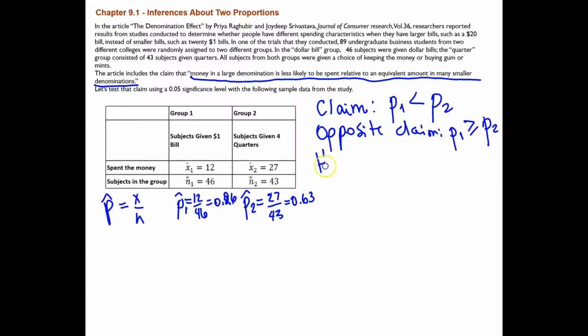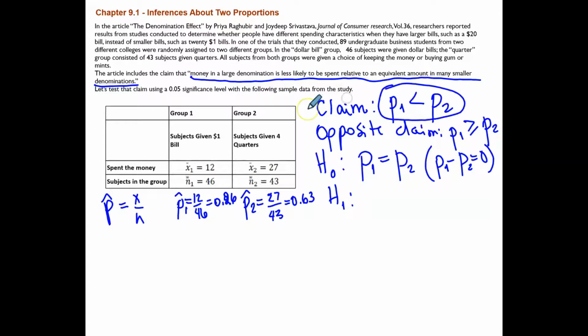Let's now write the null and alternative hypotheses. Remember, the null hypothesis is that there is no difference between two population proportions. p1 is equal to p2, or we can write it as p1 minus p2 is equal to 0. The alternative hypothesis will be our original claim because our original claim did not have an equal sign. p1 is less than p2.